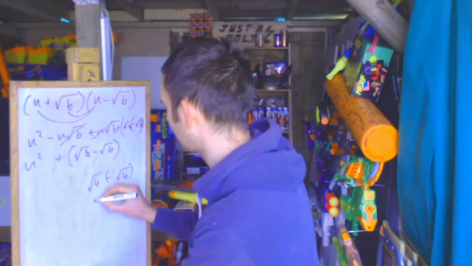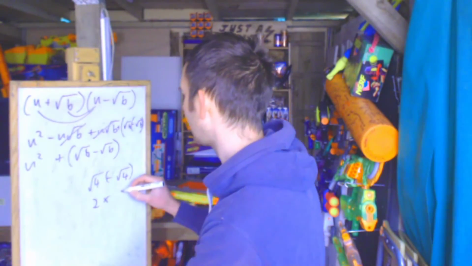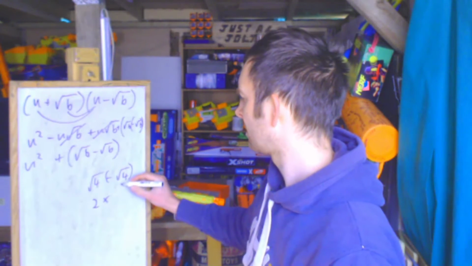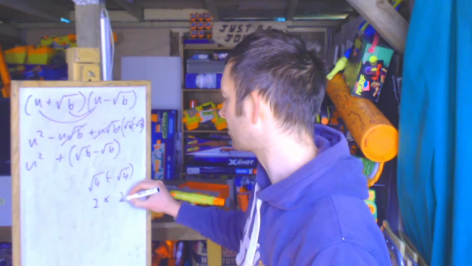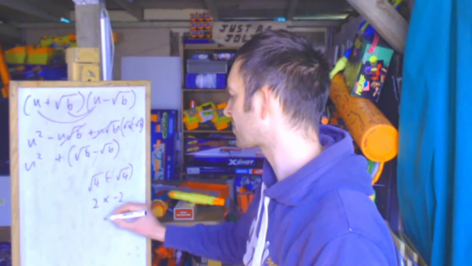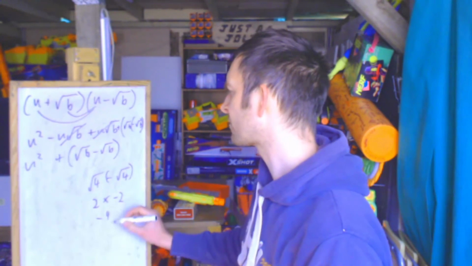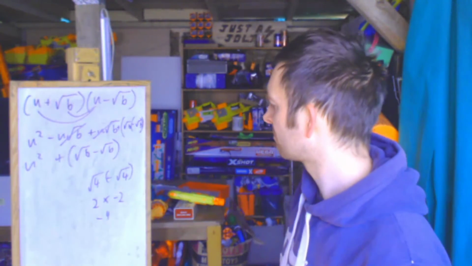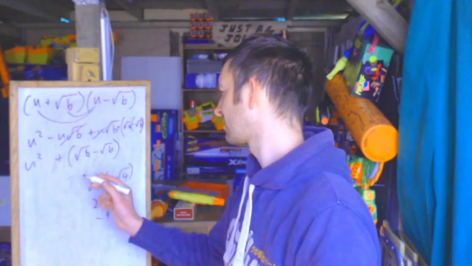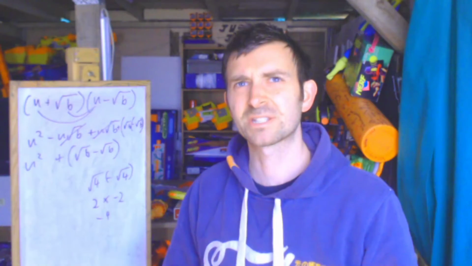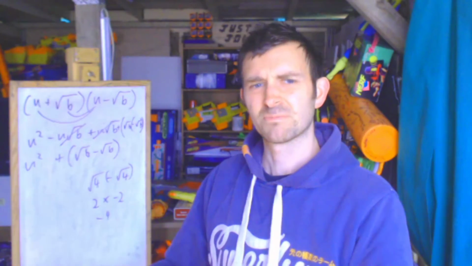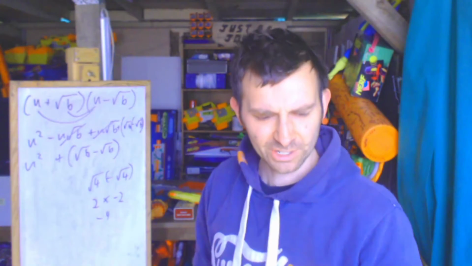Well, it's 2. So you've got 2 times square root of 4 again, 2 minus, so you've got 2 times minus 2, so you're going to end up with minus 4. So in this case, the square root of b times the square root of b, well, that's going to be your squared scenario, isn't it?